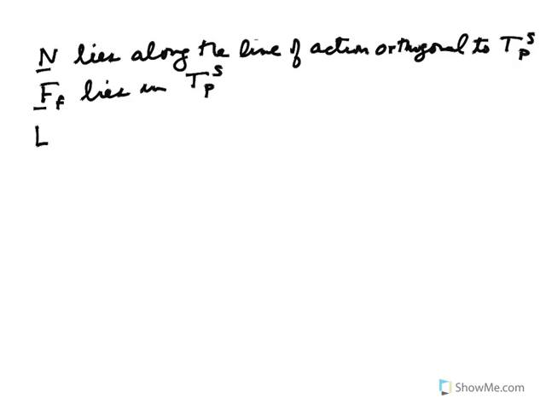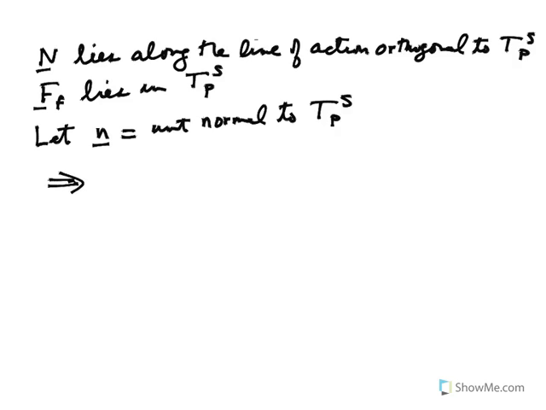So let's suppose we let n equal the unit normal to TPS. Then the reaction force can be written as some component N times this direction normal. Now, what is this direction normal? So the first thing we need to figure out is what this vector little n is.